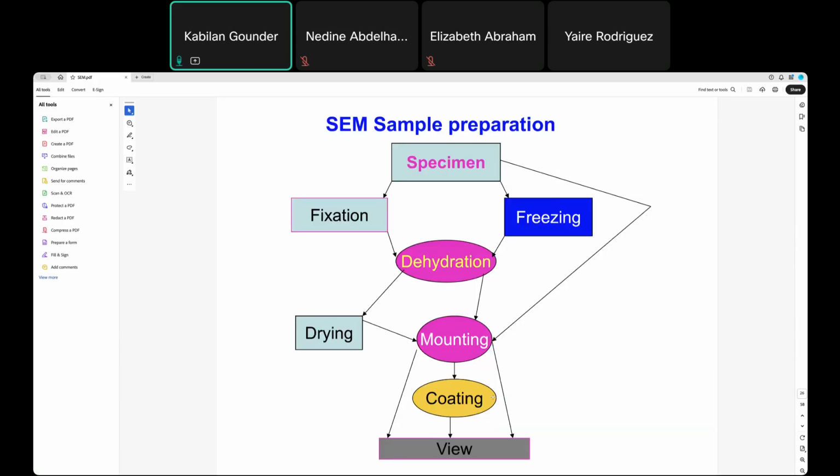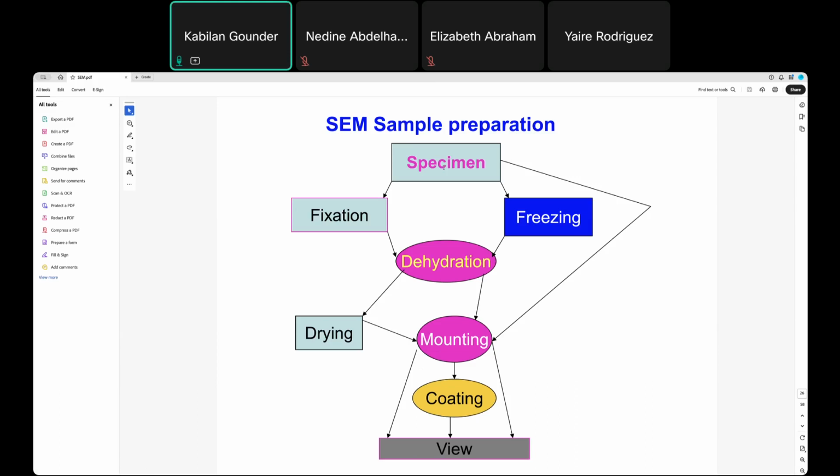So here, when we go with this diagram, when you look at the left side, you have a specimen. For scanning electron microscope, it does not matter whether it is live cells, tissue samples, or biological samples.